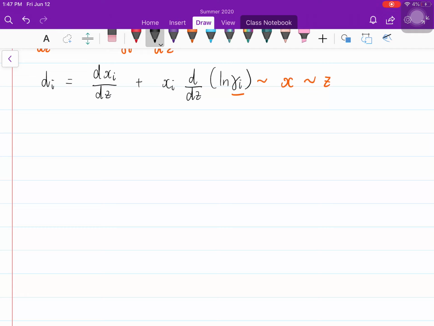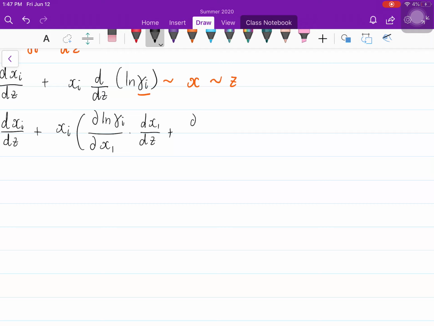Therefore, I can rewrite that equation as the driving force equal to the derivative of the molar fraction of i with respect to z, plus the molar fraction of i times the partial derivative of the natural log of the activity coefficient of i with respect to the molar fraction of species 1, times the derivative of the molar fraction of species 1 with respect to position.